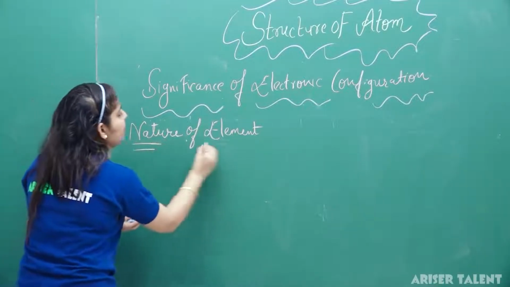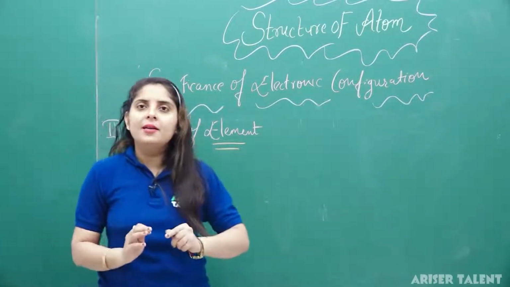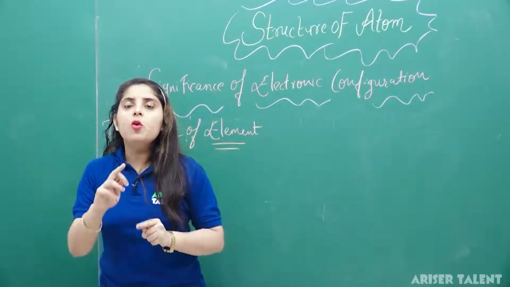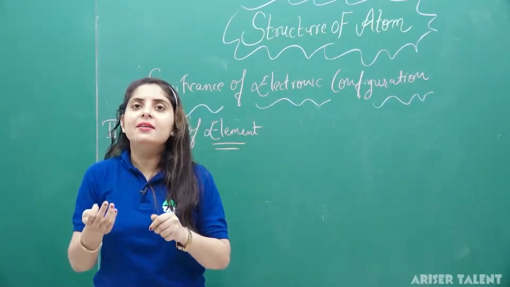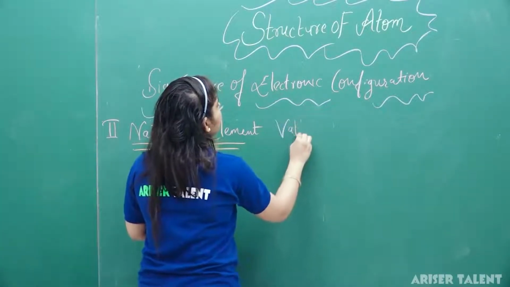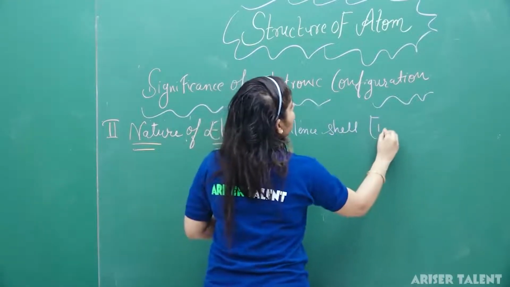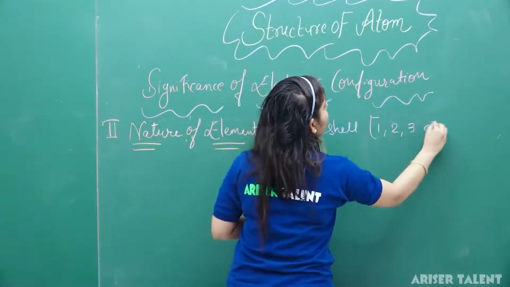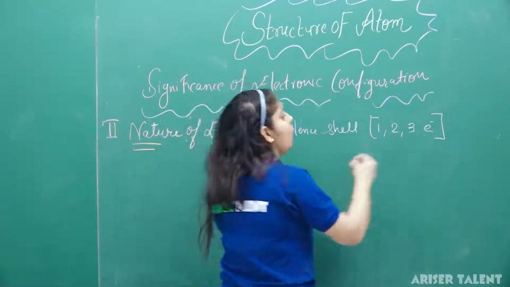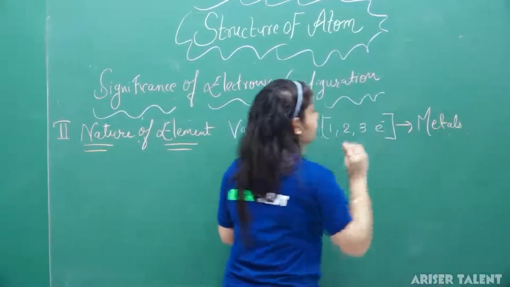So, how will we determine the nature of the element? If the outermost shell of an atom has 1, 2 or 3 electrons, we can consider it in the category of metals. So, if the valence shell has 1, 2 or 3 electrons, we can count it in the category of metals.